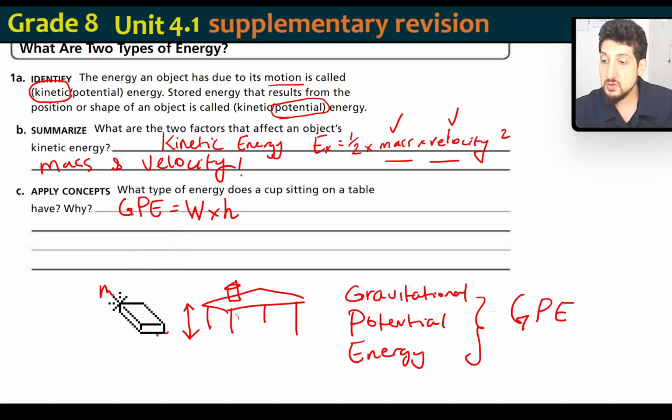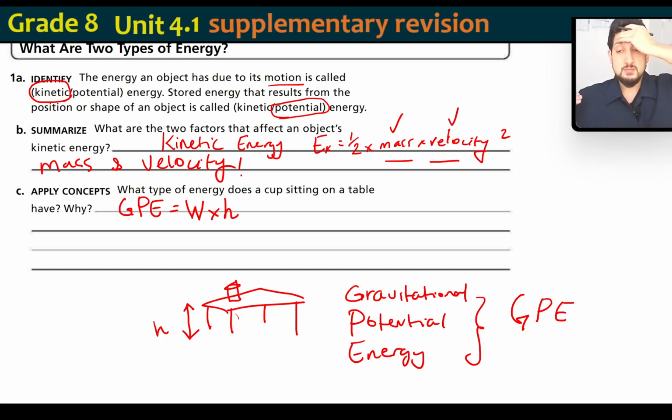But anyway, we won't worry about that just for now. So what type of energy does it have? It has gravitational potential energy because it has height, because it's sitting high up on the table. The higher up it's sitting, the more gravitational potential energy it's going to have. Okay, so an object falling from the third floor is going to have more gravitational potential energy than an object falling from the first floor.